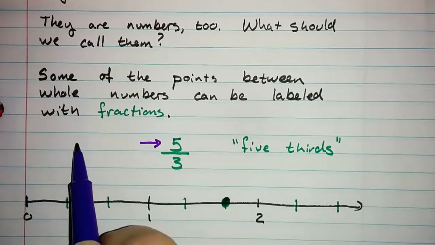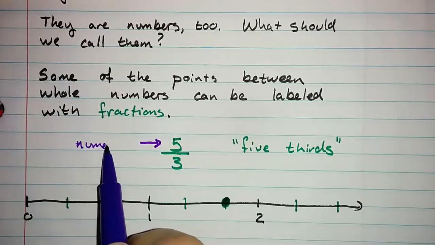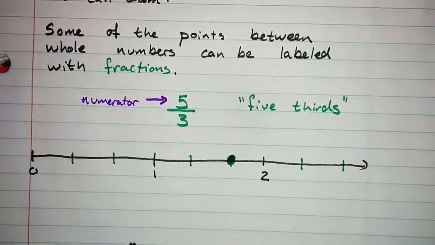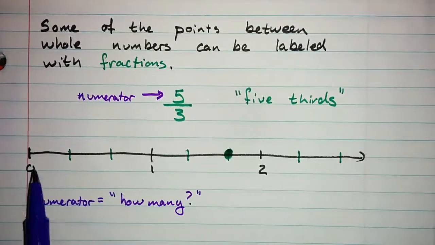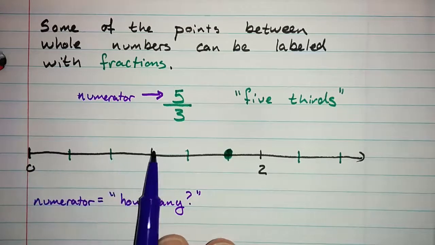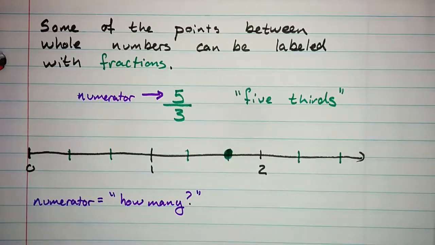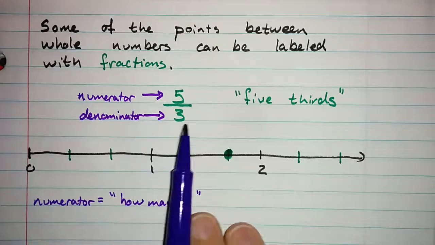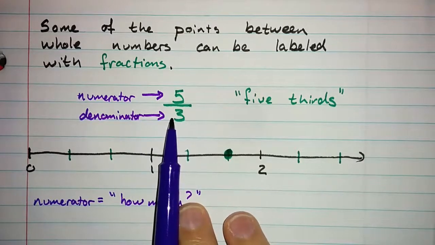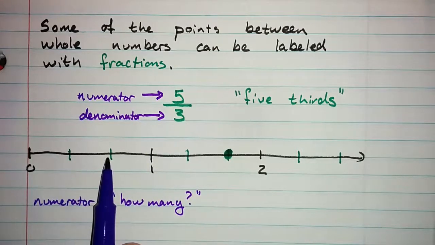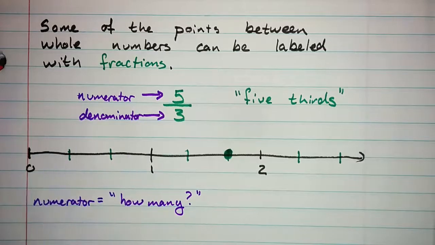The 5 is called the numerator, and the numerator tells us how many of these fractional pieces we have. Think the numerator enumerates. It tells us how many. The denominator, the 3 in this case, tells us how many pieces we've split each unit into.